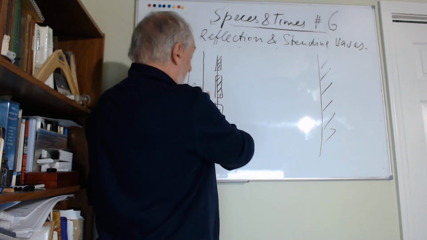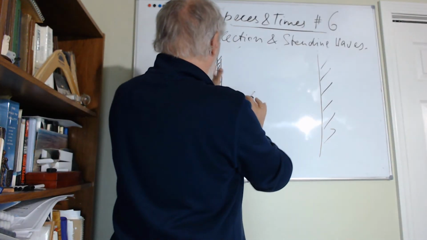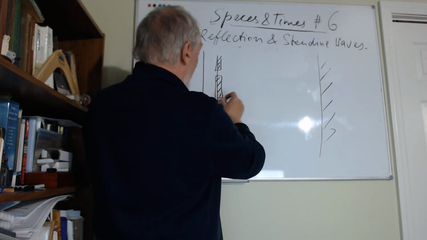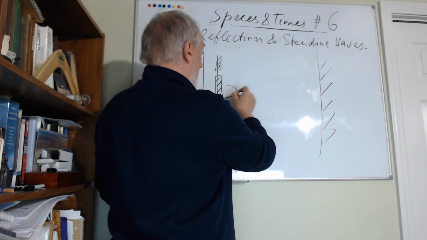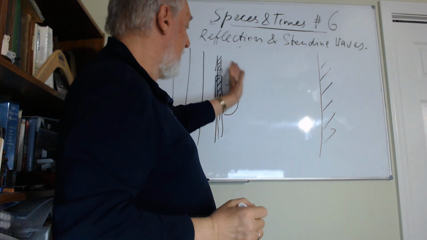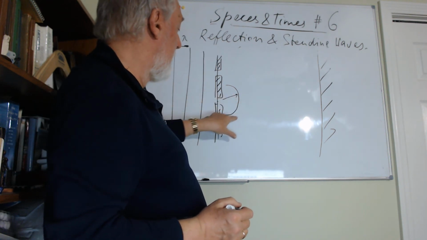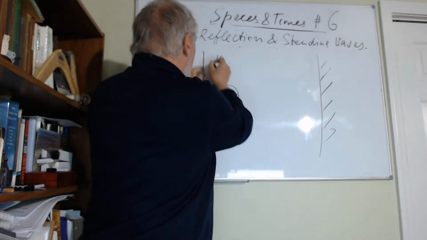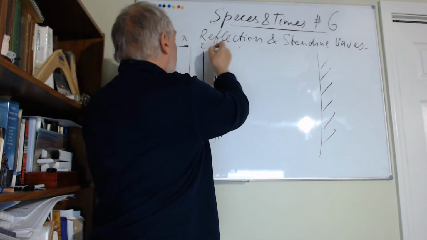When the second maximum comes here, from here this creates a spherical wave. Remember this Huygens principle. From here goes a spherical wave, and here this maximum is already here. This is first, this is second.